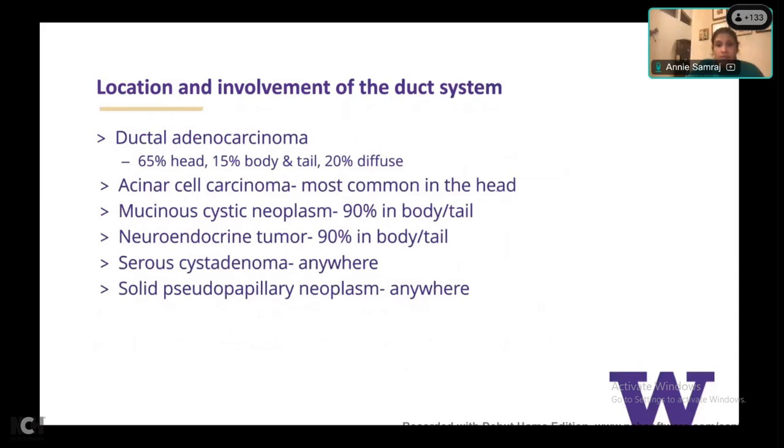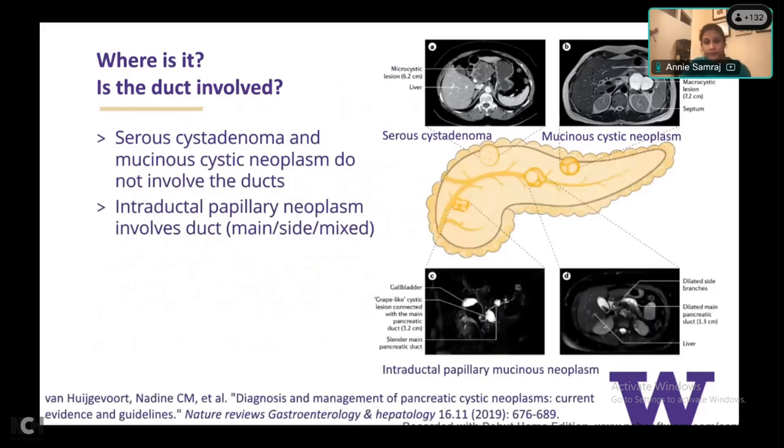Mucinous cystic neoplasm and neuroendocrine tumors most often are in the body or tail. Serous cystadenoma and solid pseudopapillary neoplasm can be found anywhere. Depending on whether the duct system is involved, we can further narrow our differential. In this cartoon, we're seeing the main pancreatic duct and the side branches of the pancreatic duct.